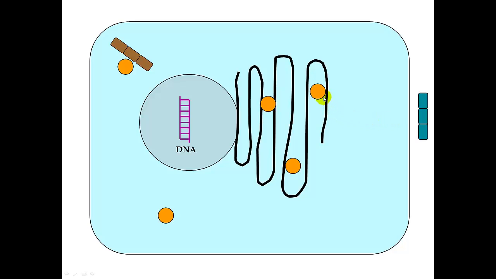Another reason why a cell might want to secrete a protein is because some proteins act as communication molecules that affect the activity of other cells. So there are many different examples of why a cell would make a protein and then secrete it.